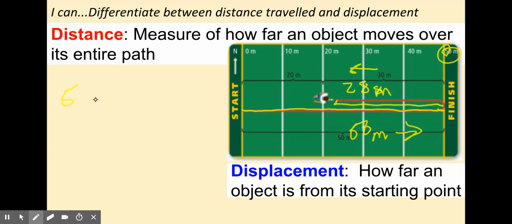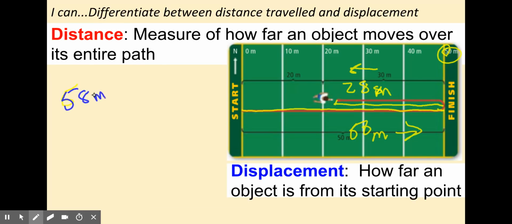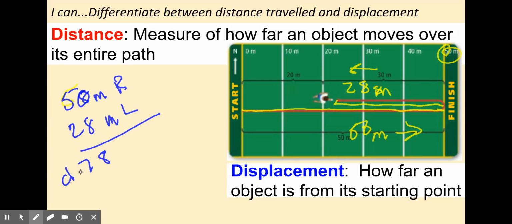So 50 meters to the right, and 28 meters to the left. Their total distance traveled is 78. We show that with a lowercase d: 78 meters is their total distance. Their change in position, their displacement, is 50 right, 28 left.